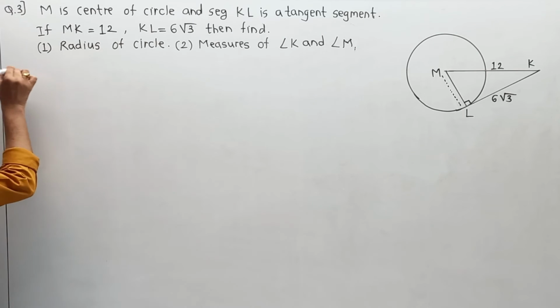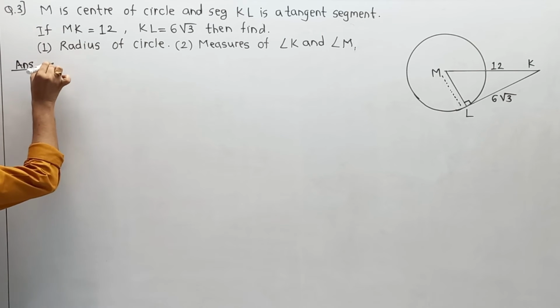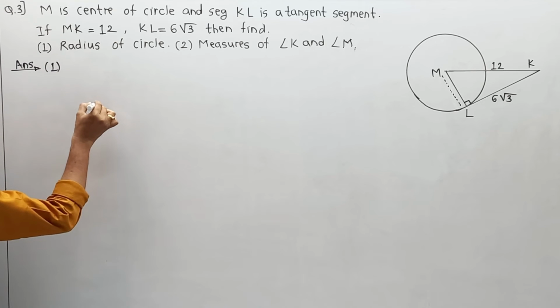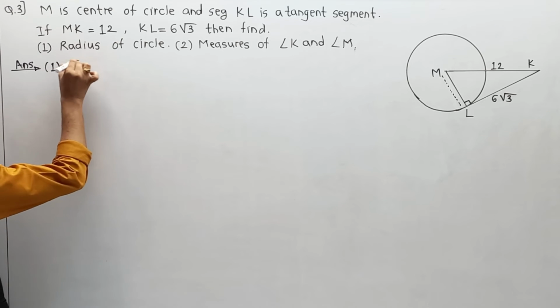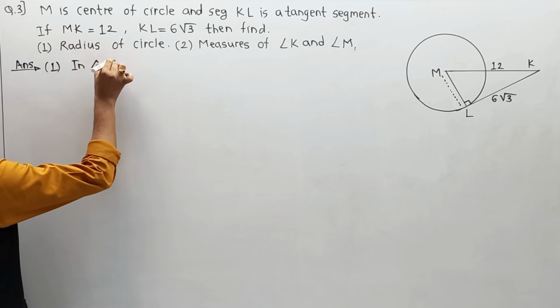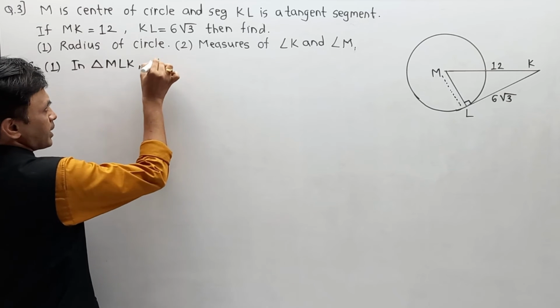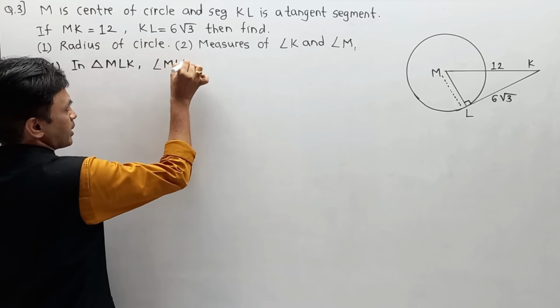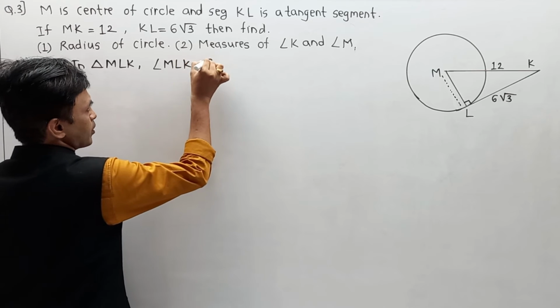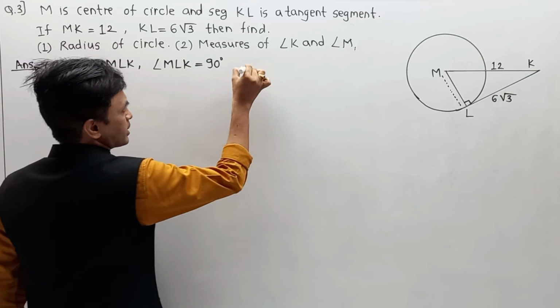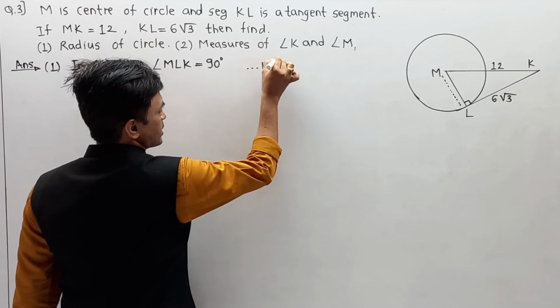So first part of the answer. In triangle MLK, angle MLK is equal to 90 degrees. Reason: radius tangent property.